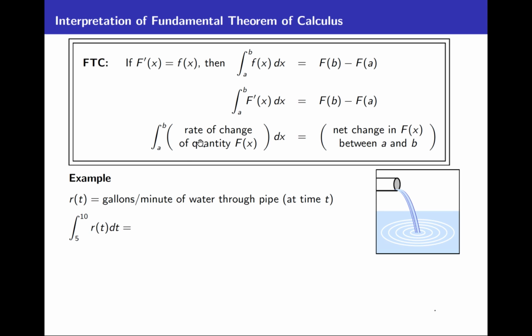And according to this interpretation, the integral from 5 to 10 of this rate of change would be the net change in the quantity between a and b. In this case, the net change in the quantity between 5 and 10, which would be the number of gallons of water that have come through that pipe between 5 minutes past midnight, and 10 minutes past midnight.